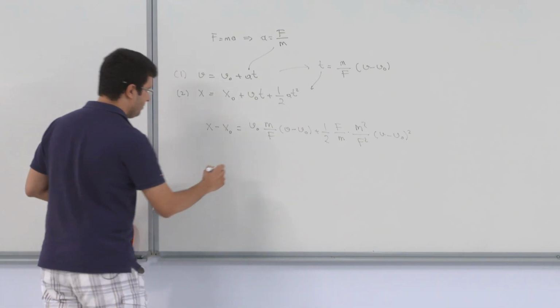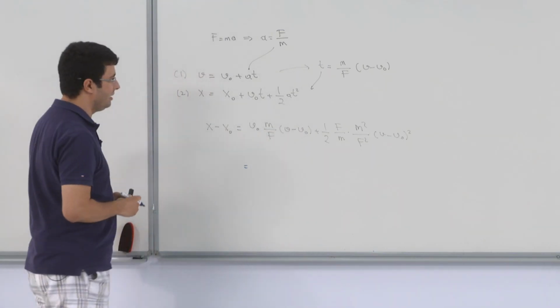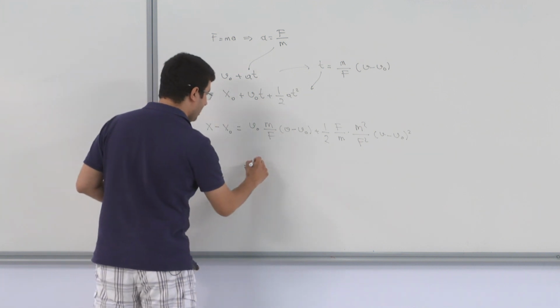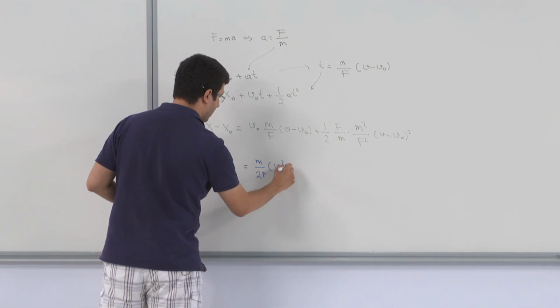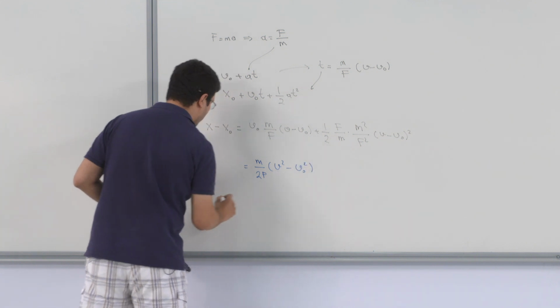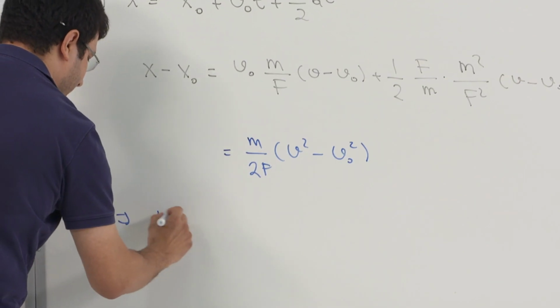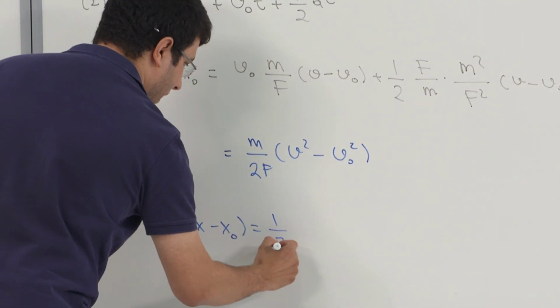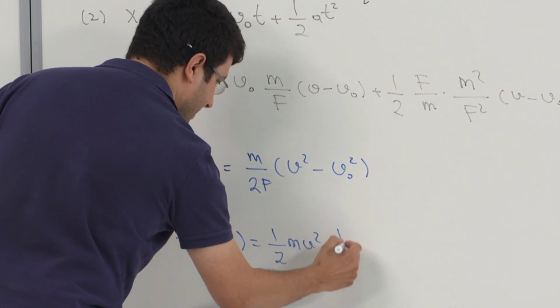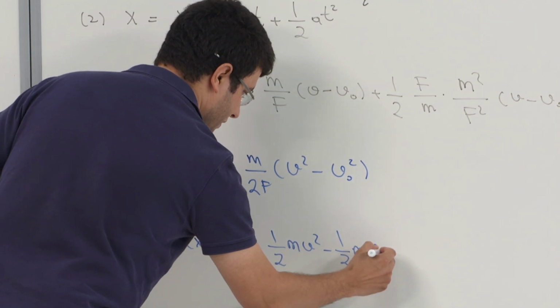So if I just do this calculation, what I get is simply m divided by 2F times (v squared minus v0 squared), or in other words, F times (x minus x0) is a half m v squared minus a half m v0 squared.